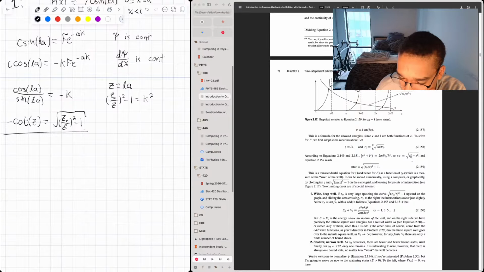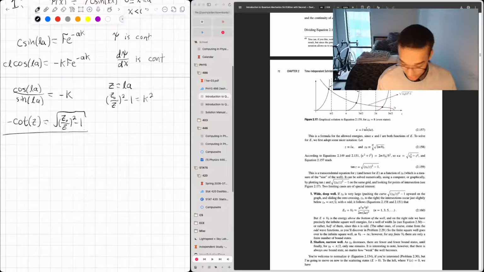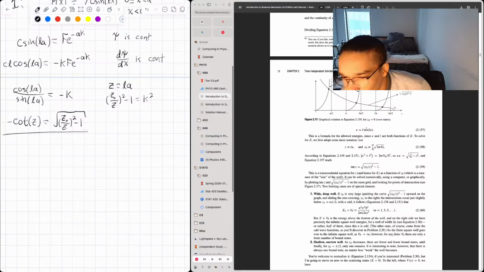Wait, hold on. Let me follow what he's doing. Tan Z K by L. Oh, I'm forgetting a thing here. This should be CL cosine theta. Oh, I see what's going on. Wait, Z equals LA. Oh, I already have that. But then K, yeah, I don't have this K here. K equals, oh, I guess I do have it on my equation sheet.